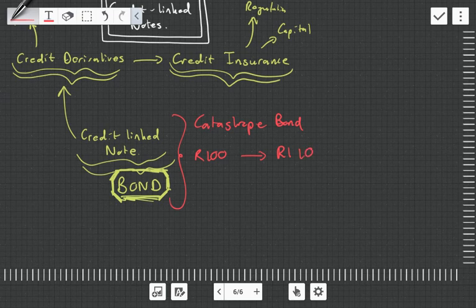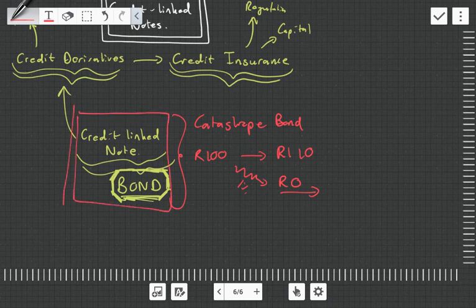Let's say you get 110 Rand back at the end of the year if no catastrophe happens. If a catastrophe does happen, then you get nothing. So you're getting the 10 Rand as a reward for taking on the risk. And this risk of a catastrophe is normally very small, like say 1% of it actually happening. That's essentially what a credit-linked note is. Well, this is what I'm thinking.